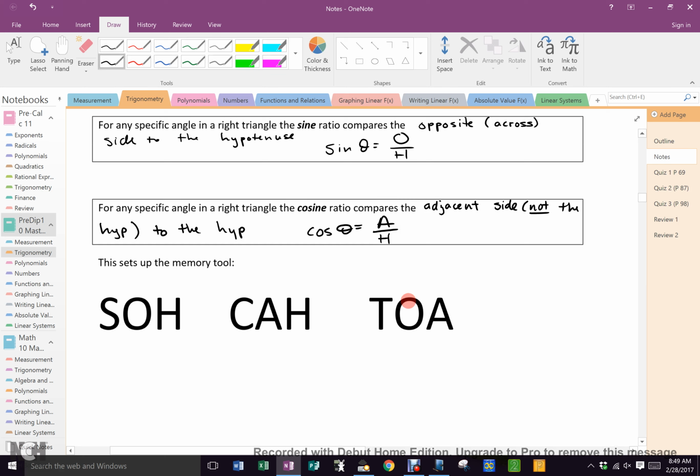So this, SOHCAHTOA, it doesn't mean anything. It's just to remind you that sine works with opposite and hypotenuse. Cos works with adjacent and hypotenuse. And tan works with opposite and adjacent.